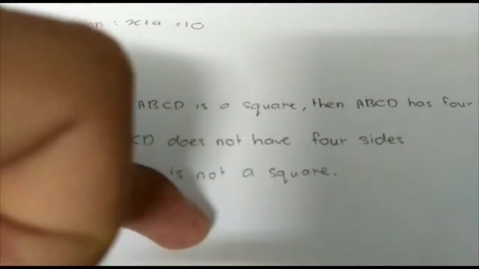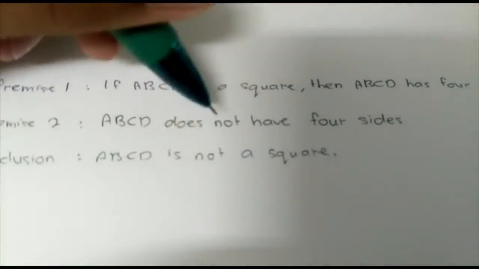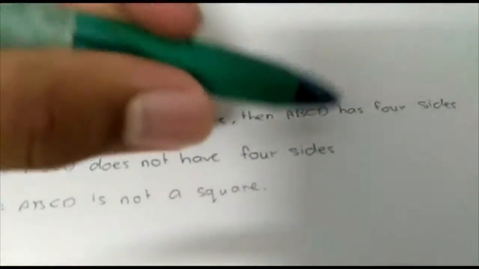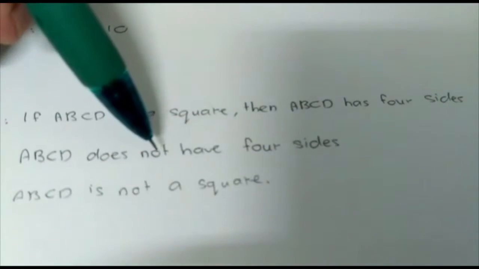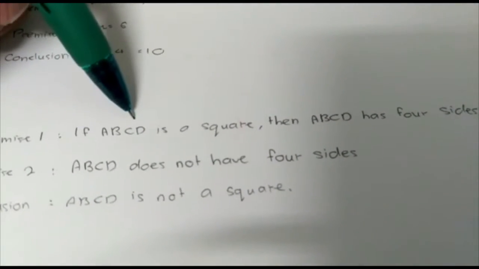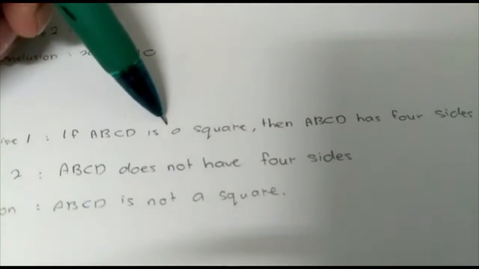Why is ABCD not a square? Because if you read premise 2, ABCD does not have 4 sides, but in the first statement of premise 1, ABCD has 4 sides. It is mentioned "not", so you must change the statement that is positive to a negative. So just add a "not" here. So that's the answer, a simple question for arguments.